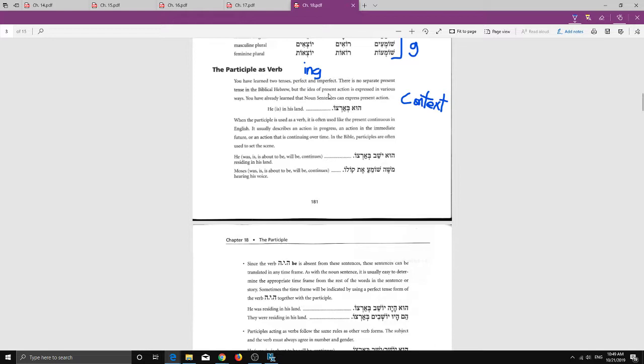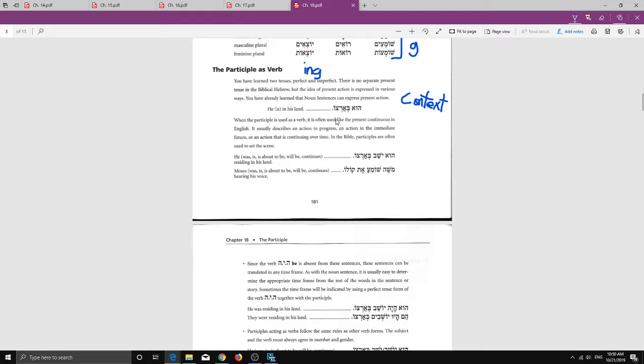Just like our noun sentences, or some of our particles, like the particle of existence, we can use it in the present. Whereas with other verbs, because they're either in the perfect or imperfect, they will generally just be in the past or in the future. So this is one of the few ways in which we can really make a present sort of idea.